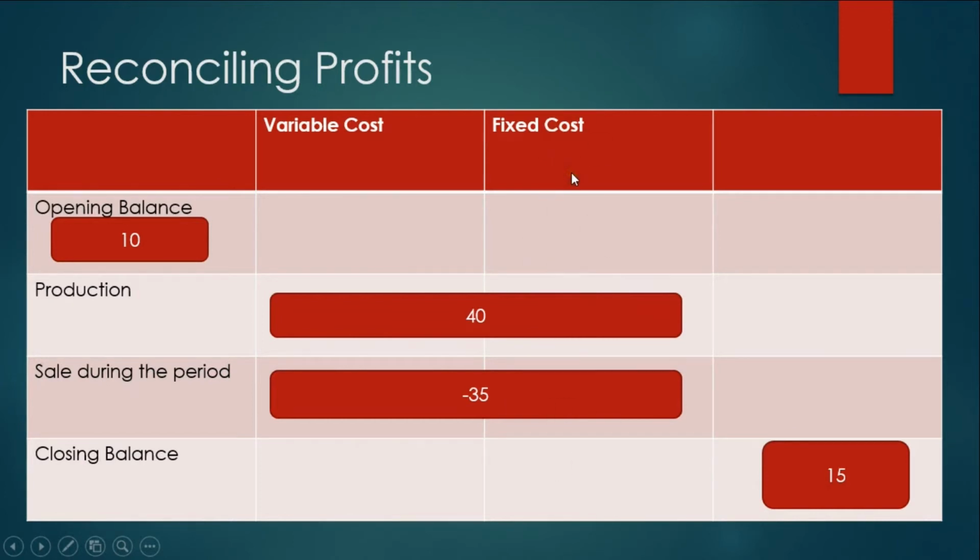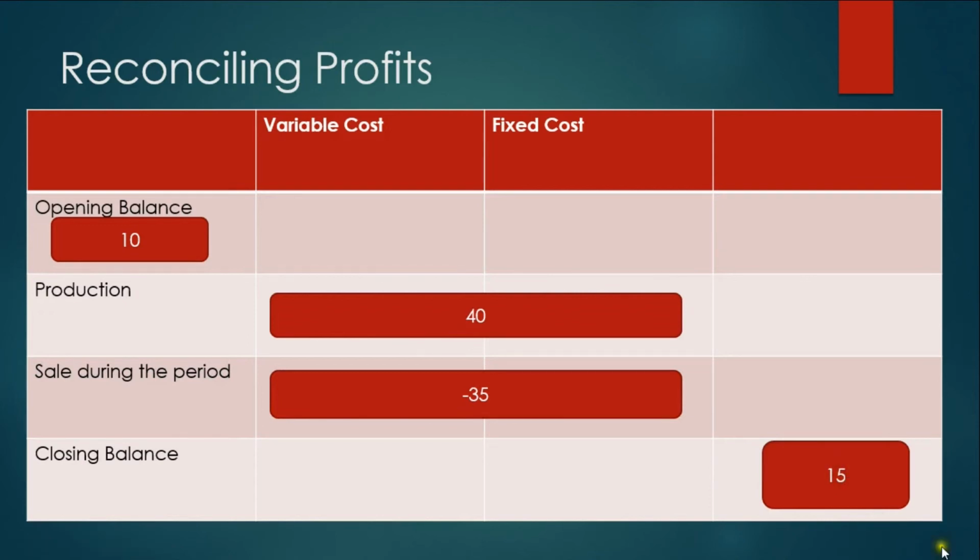But in absorption costing, I do something else. What I do in absorption costing is that fixed cost is absorbed into the items that I have produced: 10 items from opening balance, 40 items during the year. And out of these, 35 items are sold, which means some portion of this fixed cost together with the sold items went to my profit or loss statement, and the remaining portion together with the remaining 15 items went to my balance sheet.